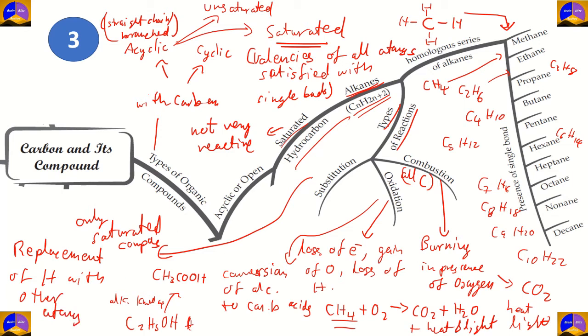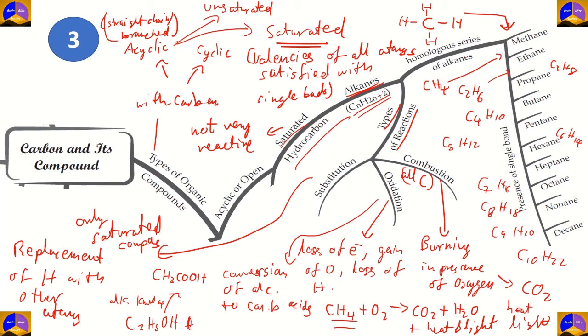So for example, if you have methane and if you treat it with chlorine in the presence of sunlight, you get CH3Cl, that is chloromethane, plus HCl. So one hydrogen is taken out, one chlorine goes in.